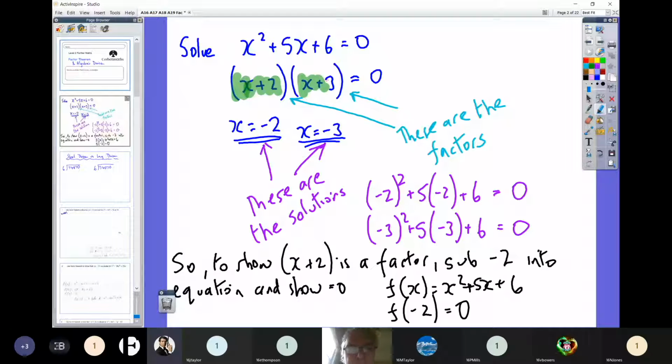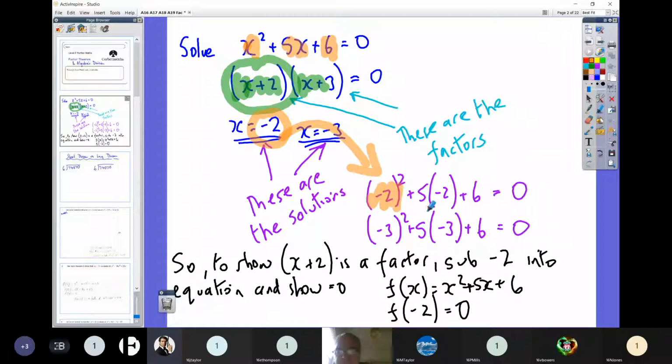So if we were asked to demonstrate that x plus 2 is a factor, you take -2, not plus 2, the value of x that makes the bracket 0, you sub it into the initial equation, and x plus 2 is a factor if, when you substitute -2 back into the original formula, you do indeed get 0.